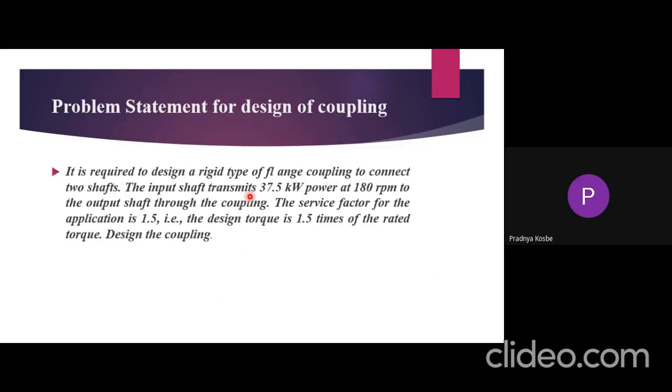The input shaft transmits 37.5 kilowatt power at 180 rpm to the output shaft through the coupling. The service factor for the application is 1.5. That is, the design torque is 1.5 times of the rated torque. Design the coupling.